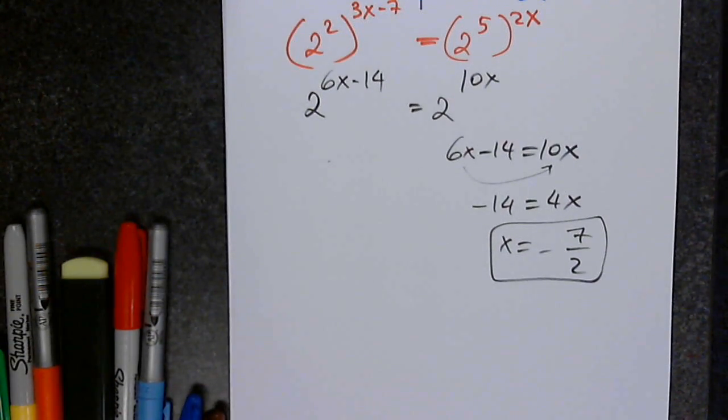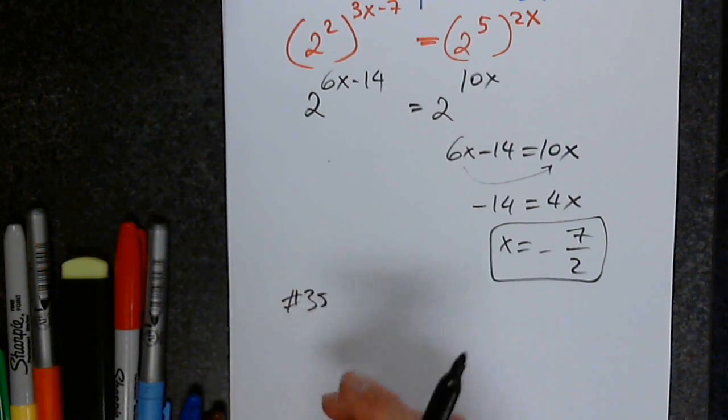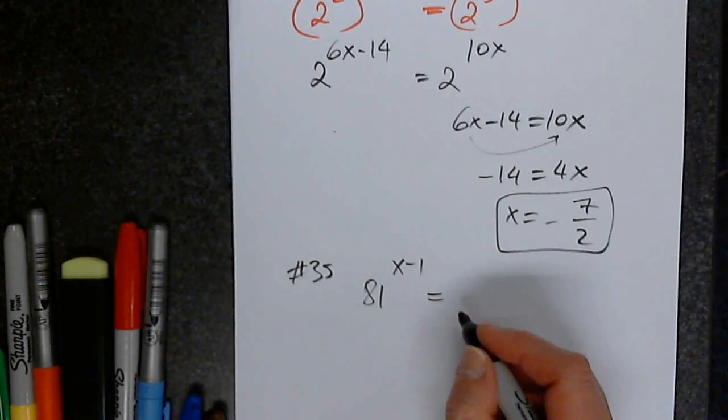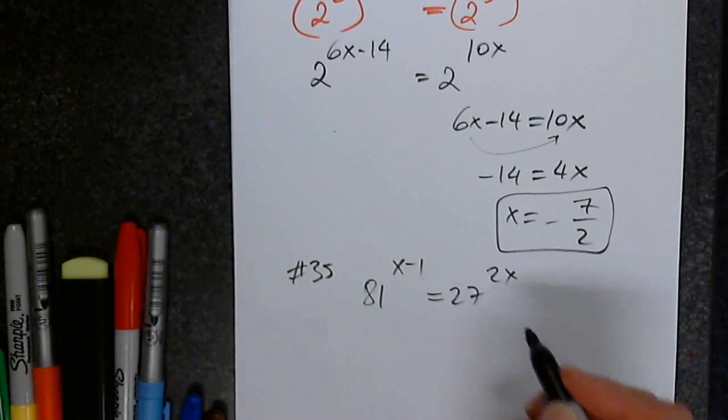Good. Do we need more, or can we look at a word problem? Can you have one more, please? Yes. Let's say number 35: 81 raised to x minus 1 equals 27 raised to 2x.